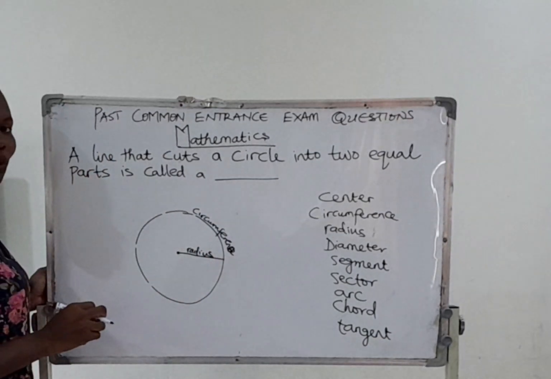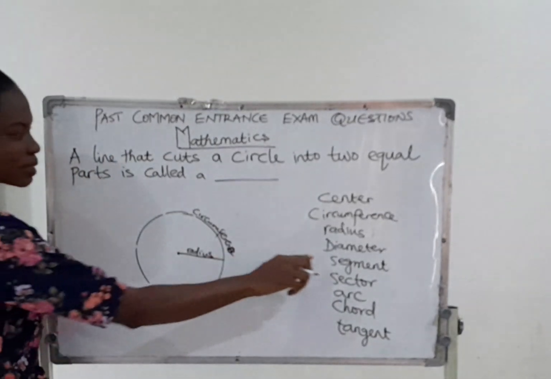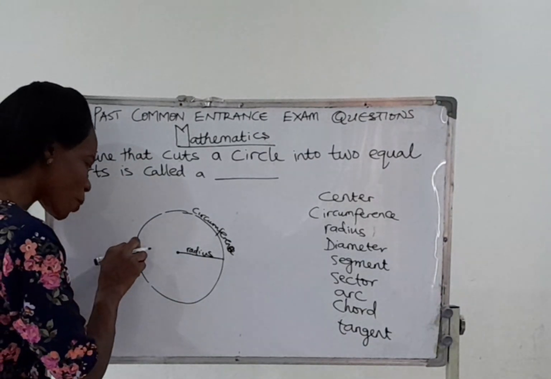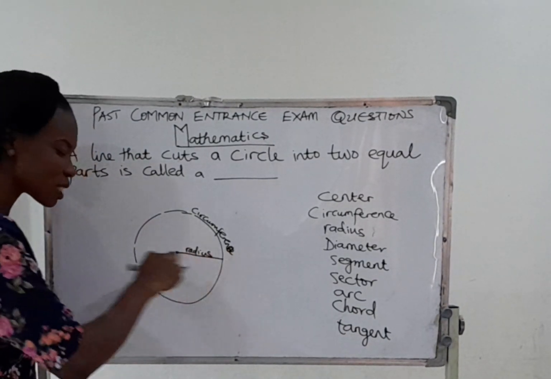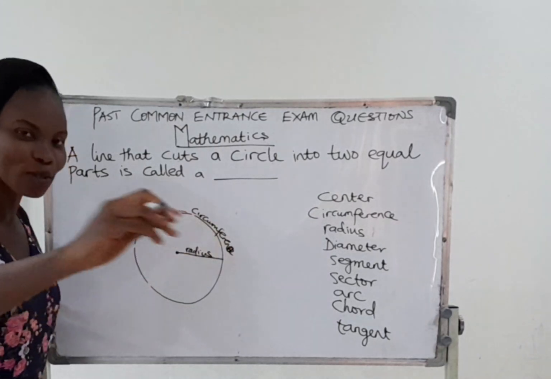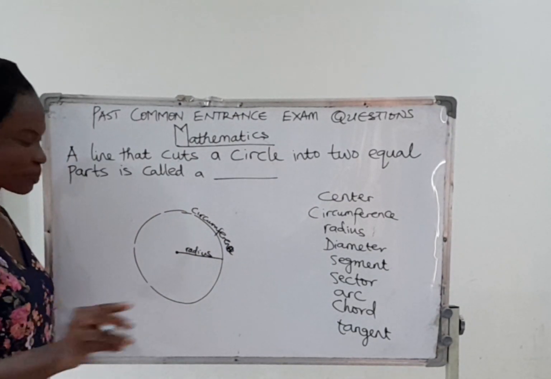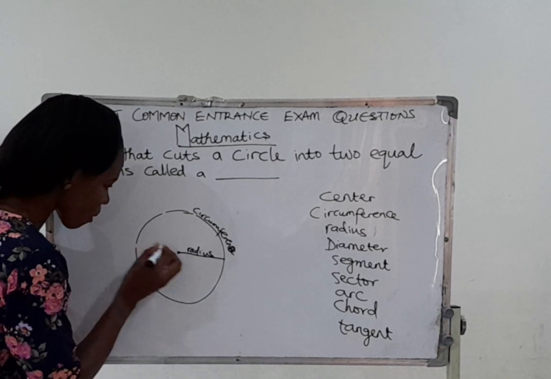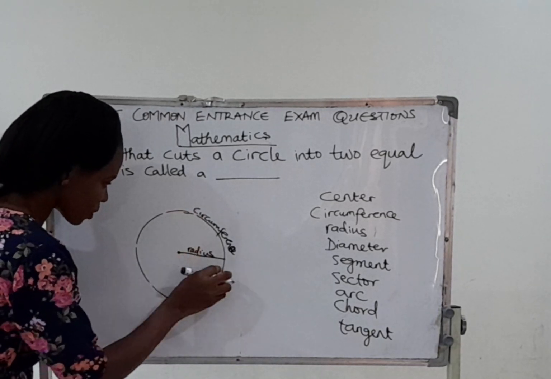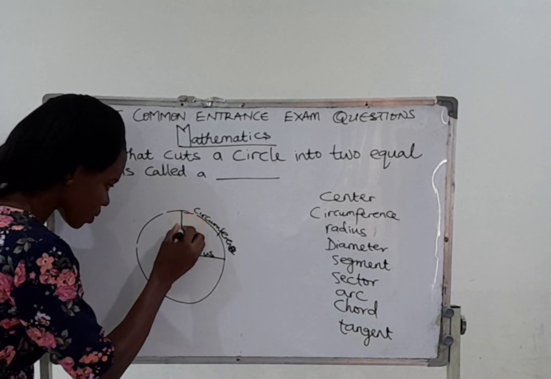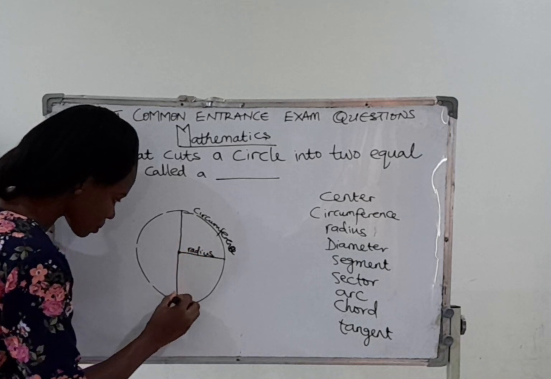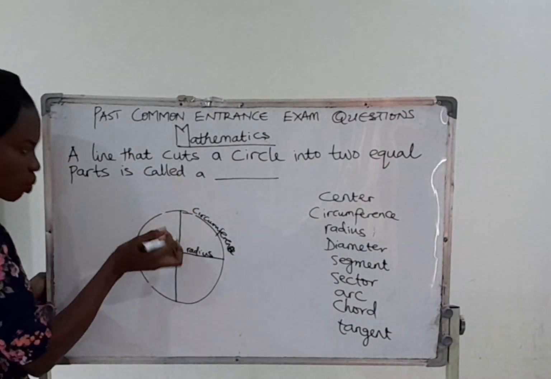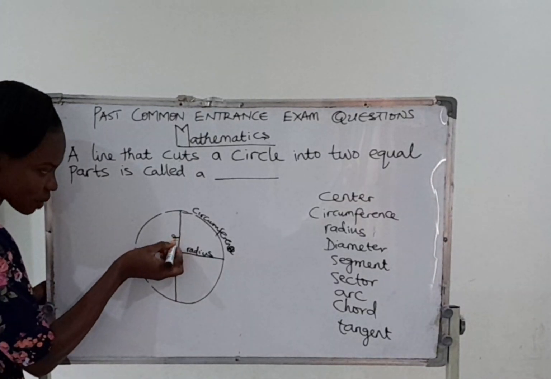Then we have what is called the diameter. The diameter is the line that moves from one point of the circumference to another point of the circumference, dividing the circle into two equal parts. Since I already have a radius, any line that divides the circle into two equal parts is called a diameter. So this is a diameter.